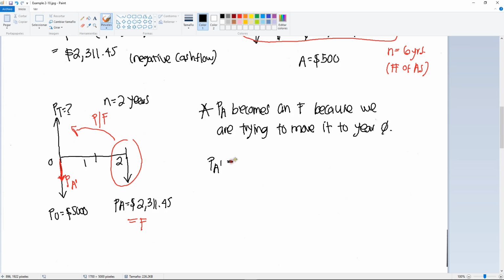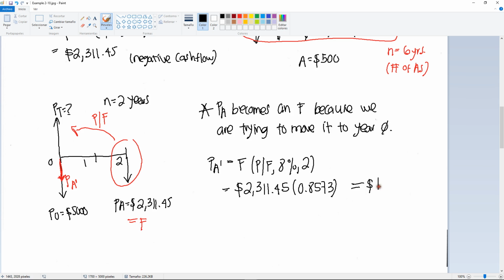It's going to be F times the factor, find P given F, 8%, with N equal to 2. We plug in the numbers: 2,311.45 times the factor, which should be 0.8573, and it gives you 1,981.60.